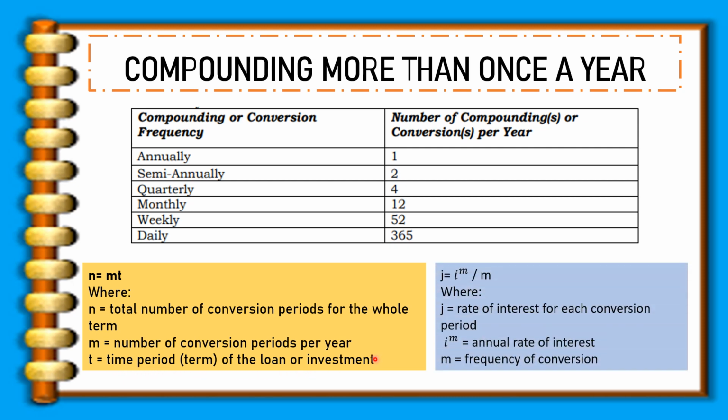We will also discuss j, which is equivalent to i raised to m over m, where j is the rate of interest for each conversion period, i raised to m equals annual rate of interest, and m equals frequency of conversion. So just think of this as your time and this one as your interest rate.